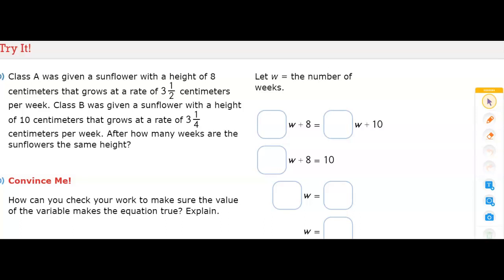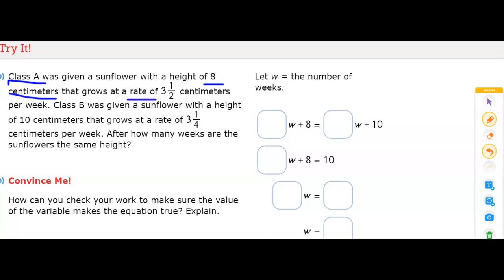Now, we are looking at this equation with 2 variables. So let's let W equal the number of weeks. They tell us what variable to use, and they've done that for us, and we're filling in the blanks. So let's identify important information here. Class A is given a sunflower with a height of 8 centimeters.